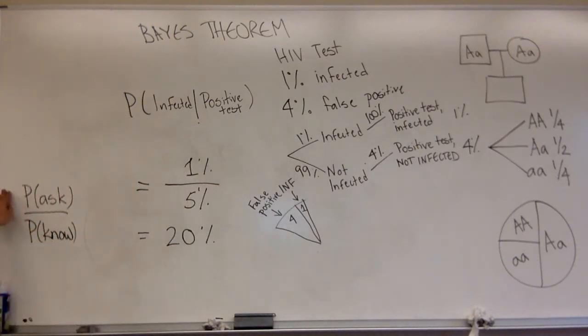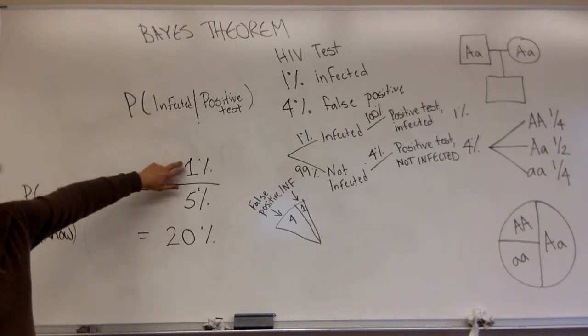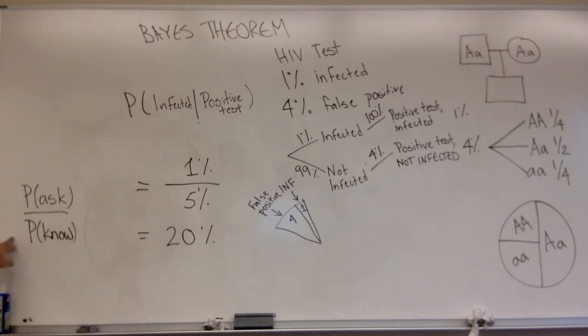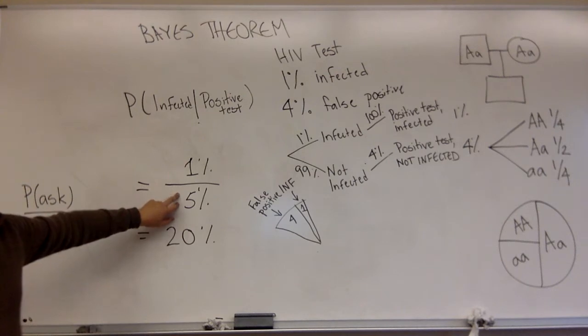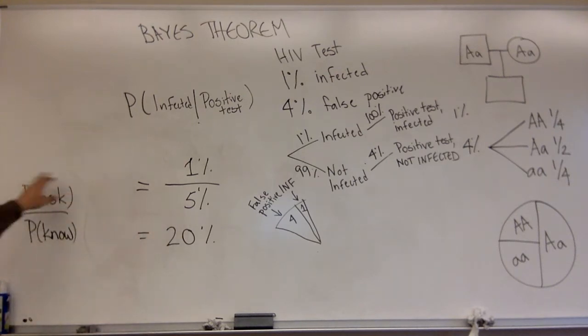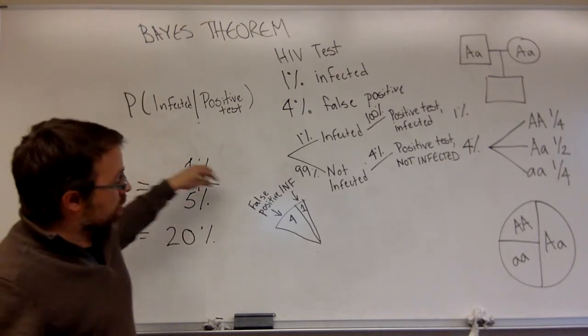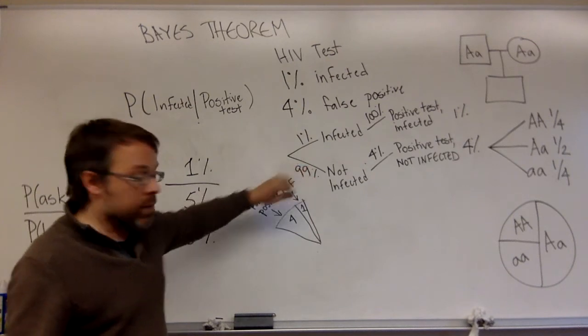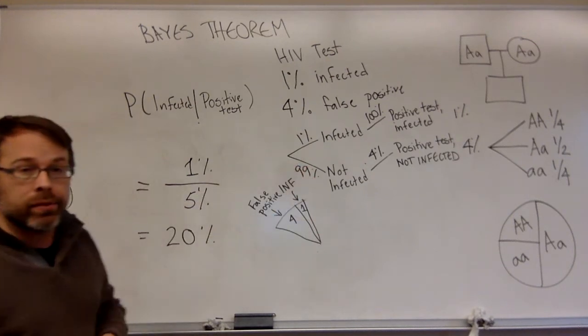So we've taken the probability of what we're asking, what's the chance that we're infected, given what we know. We know that we got a positive test. We're doing the probability of our pie of interest divided by the entirety of the pie that remains.